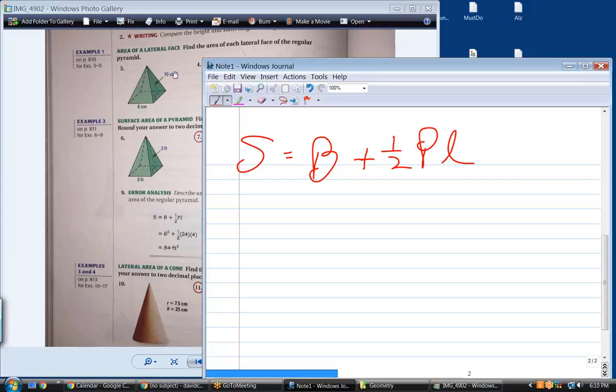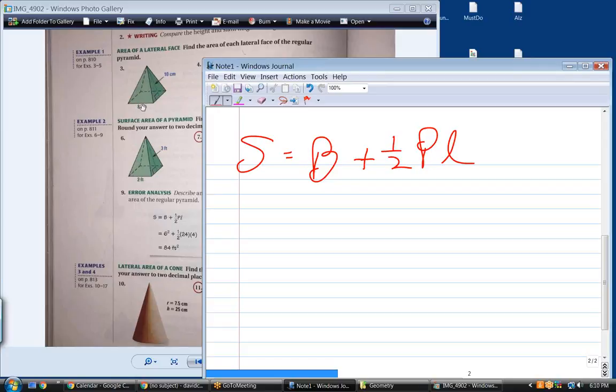This question says, what's the lateral face of each pyramid? Well, which part of this general formula is the lateral face? The base? No, the base is that. The base is what it sets on. Okay? Oh, and in this case, that's a square, I presume. It doesn't really tell us, does it?